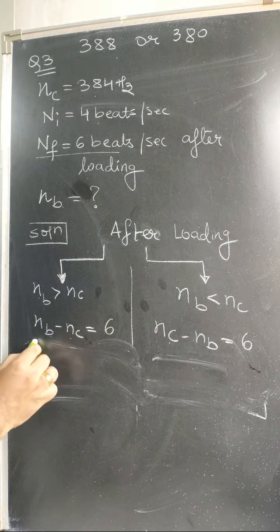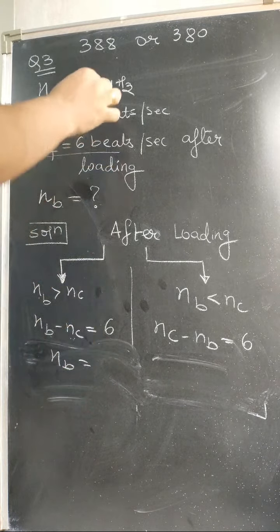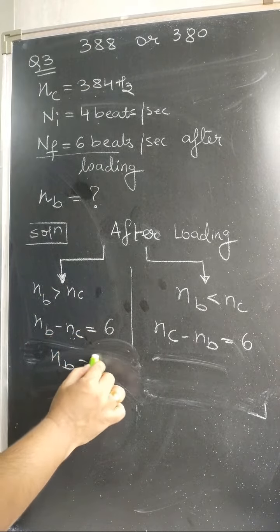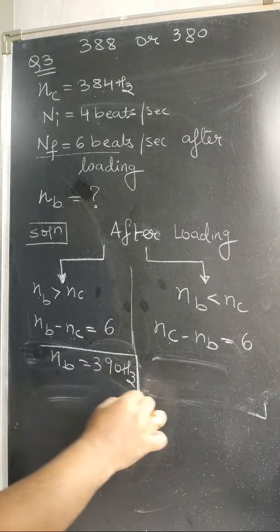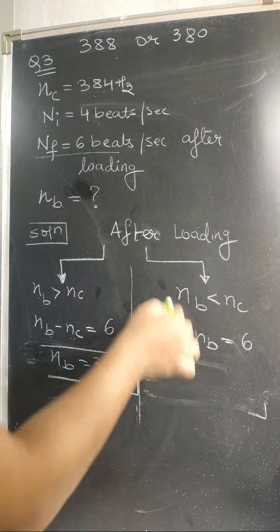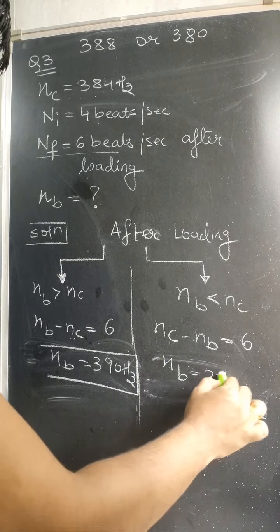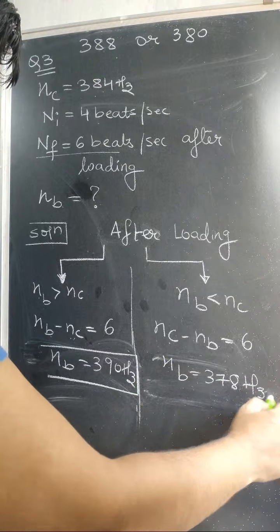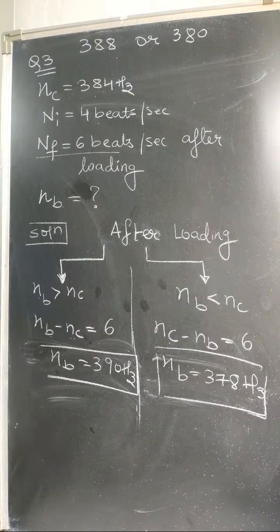NB is not known. And NC is 384. So 384 plus 6 is 390 Hertz. And here, if we solve as per this second condition, then we'll get NB equal to 378 Hertz. Is that clear?